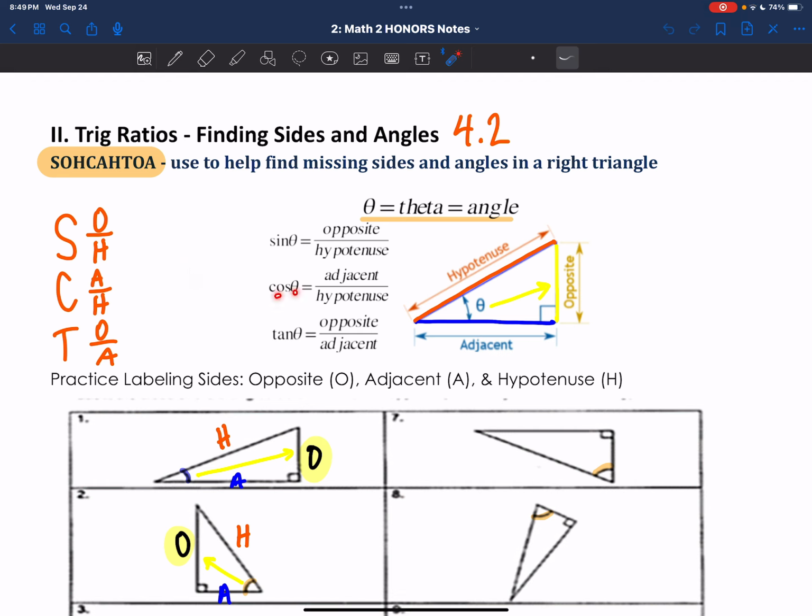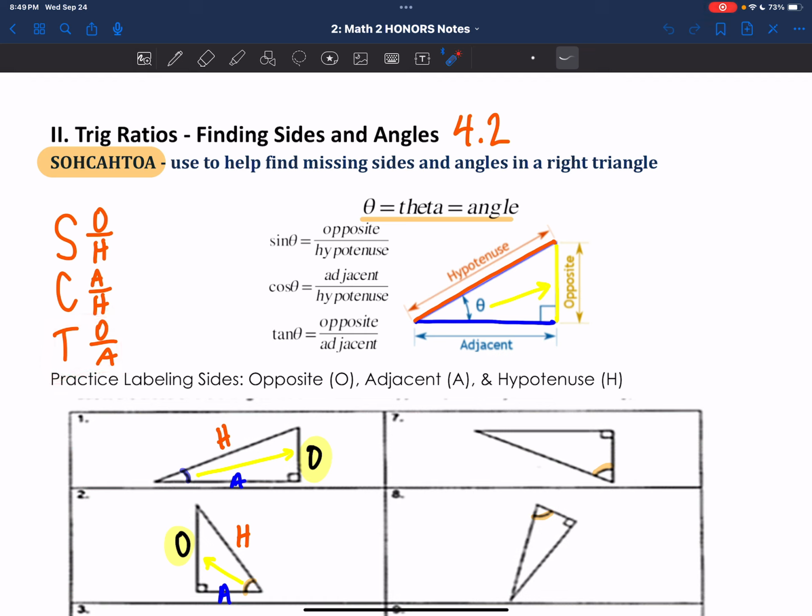The cosine of theta is the adjacent over the hypotenuse. So that's the ratio for cosine. And then the tangent of theta is your opposite over adjacent. So there are a couple little tricks, such as SOHCAHTOA, to remember which ratio goes with what.